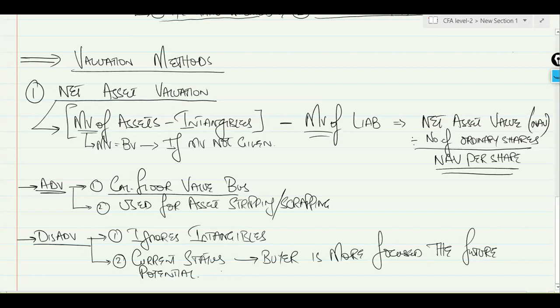But as I said, net asset valuation is more keen towards the current status of the value. So these are certain advantages and disadvantages of the net asset valuation method.